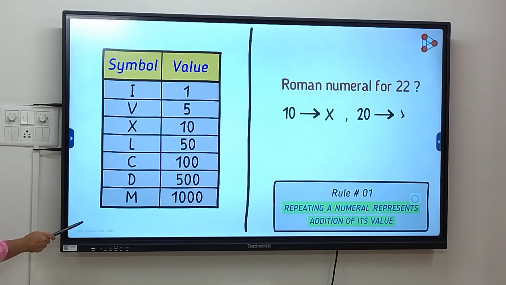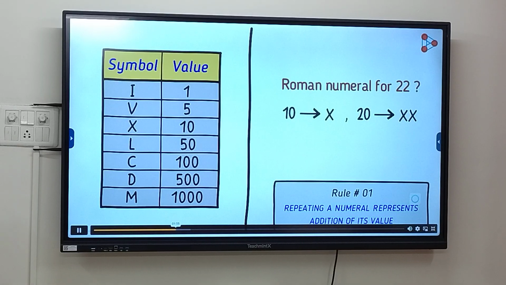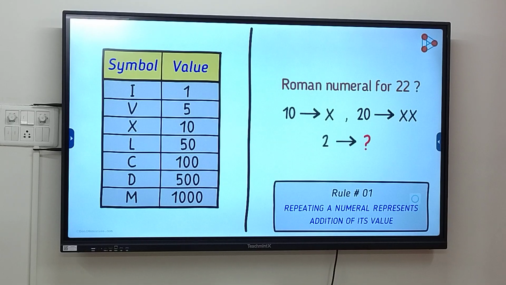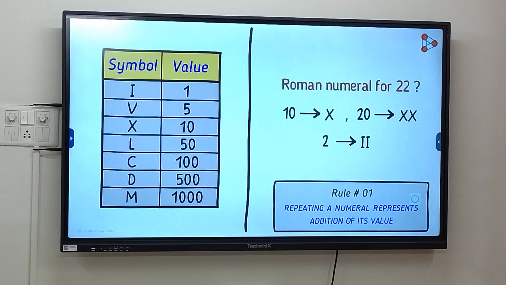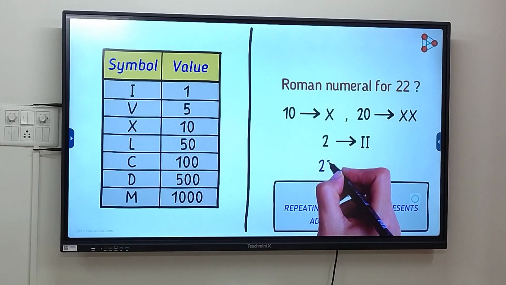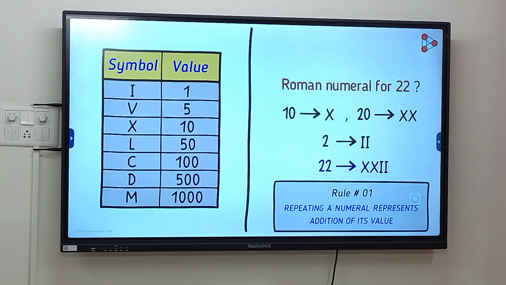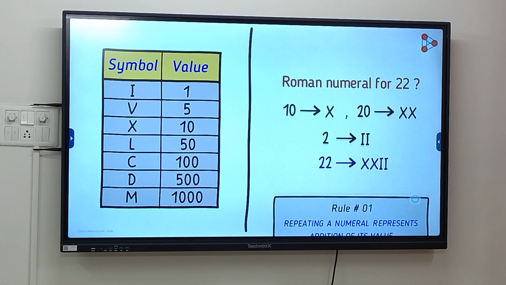So we get the Roman numeral 20. Now we're left with the number 2. The Roman numeral 2 is written like this. So we get the solution. The Roman numeral 22 is written like this. You will agree that writing the Roman numeral for number 22 is quite an easy task.